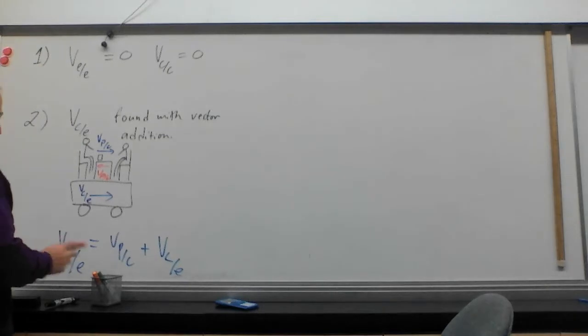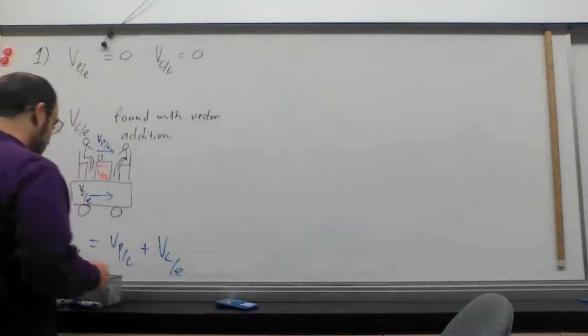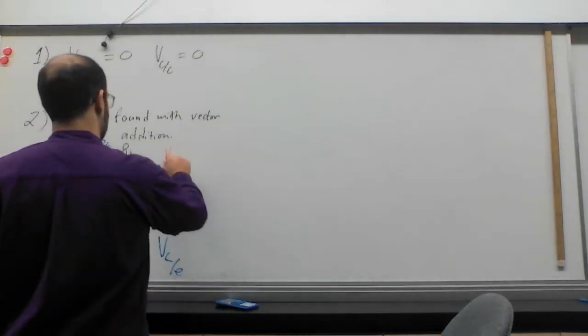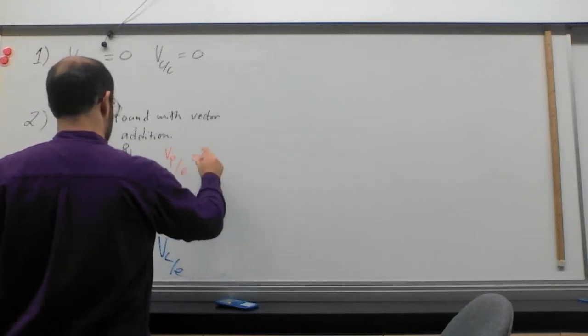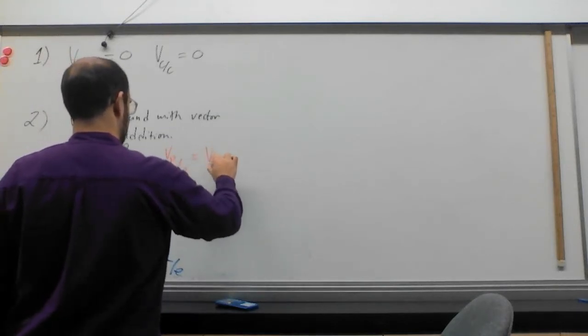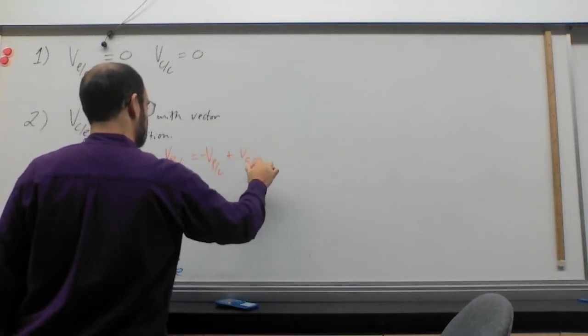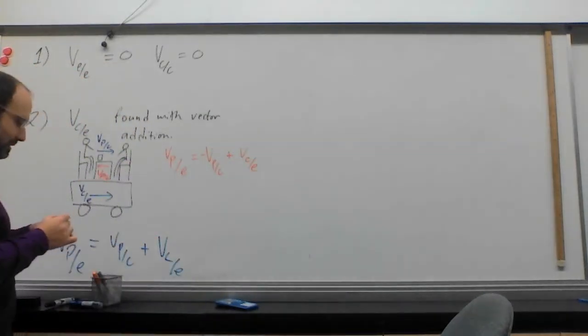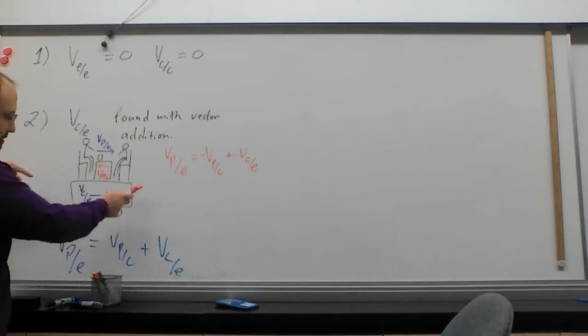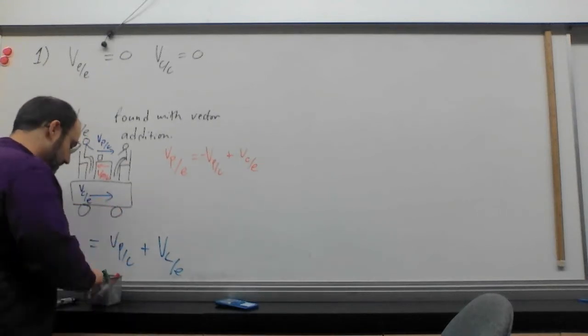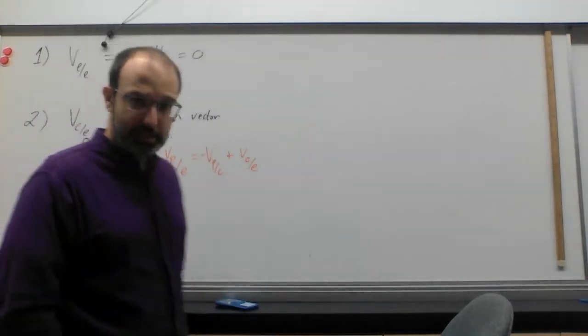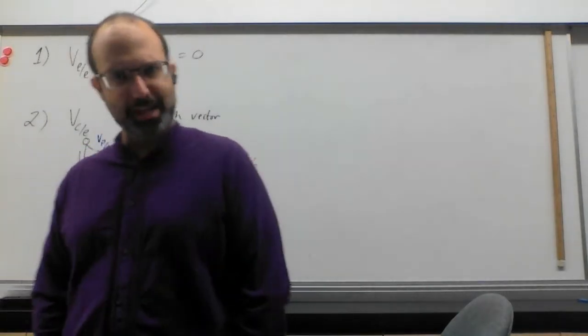Now what I do is I subtract them. So I end up with something that looks more like this. That one's negative, plus the velocity of the car with respect to the Earth. So they will subtract because, of course, one's going backwards, one's going forwards. And again, we saw that in the video. Hopefully, this is all making pretty solid sense.